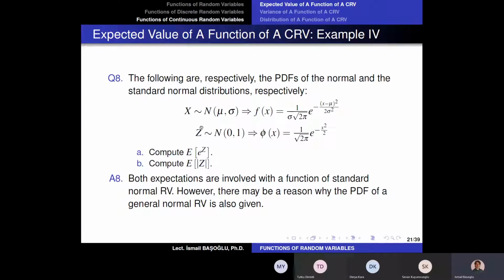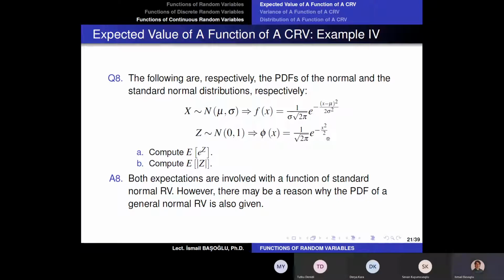Now, in that case, the standard normal random variable has a PDF, denoted by phi of x, which is a little simpler than this form, because when you replace sigma with 1 and mu with 0, you get 1 over square root of 2 pi times e to the power minus x square over 2.